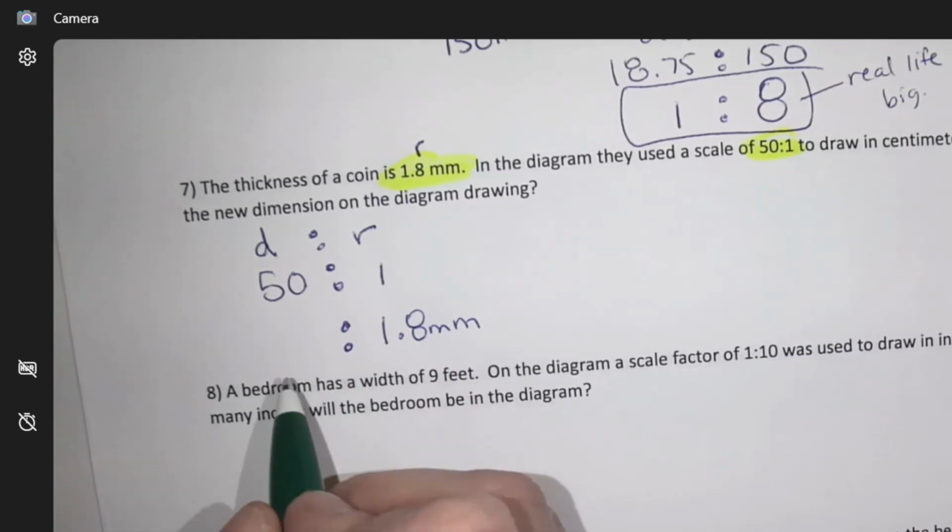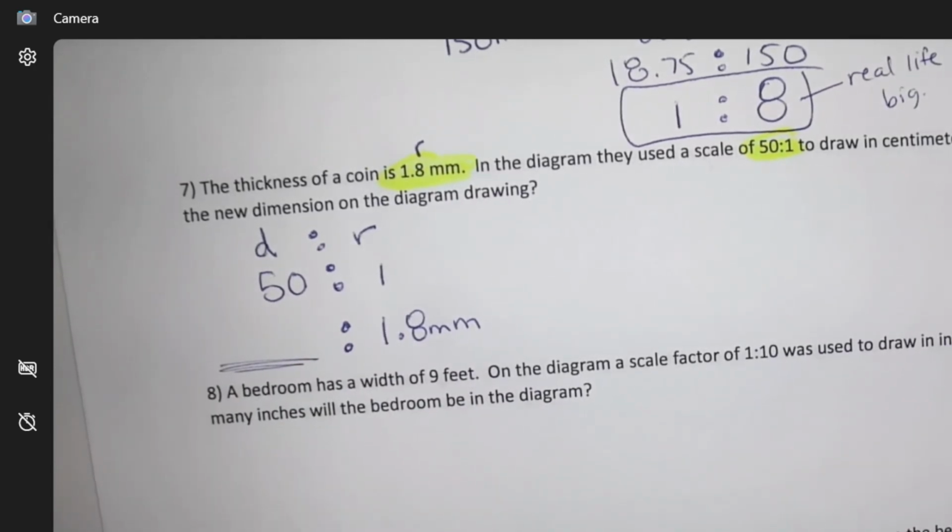So what is the dimension you would put on the diagram? That's what you're figuring out, right? Do you see how it's all lined up? So times divide.